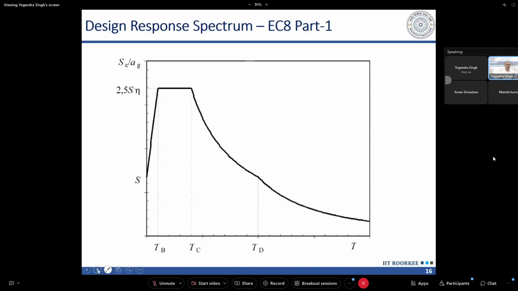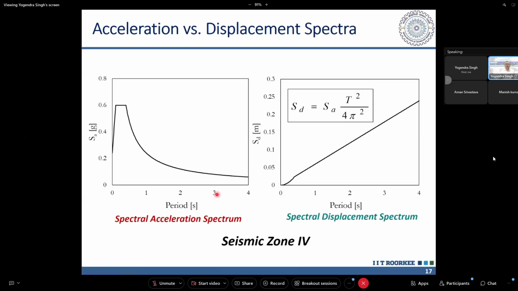This acceleration response spectrum we can convert into a displacement response spectrum because this is the response of a single degree of freedom system. We can just take SD as SA T square by 4 pi square. If I multiply this by T square by 4 pi square, the initial increasing portion will become a cubic parabola.